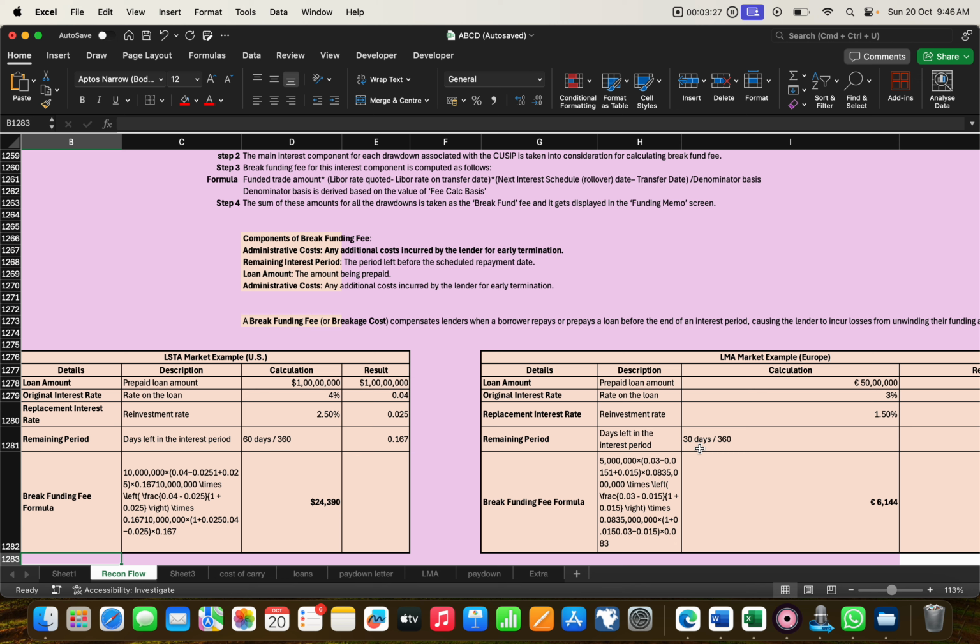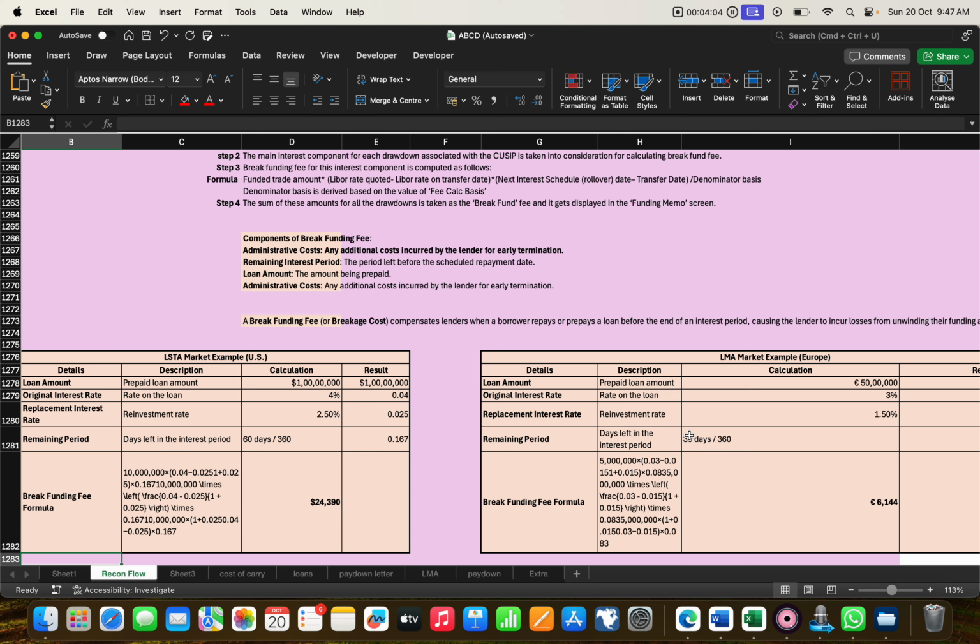There we can compare with our calculation what the broker, the custodian and the counterparty are reflecting while the drawdown trade has happened. A component of this break funding fee is administration cost: any cost incurred by the lender for early termination, the remaining interest payment, loan amount, and administration cost. So this is a general component that comes into play in the break funding fee.